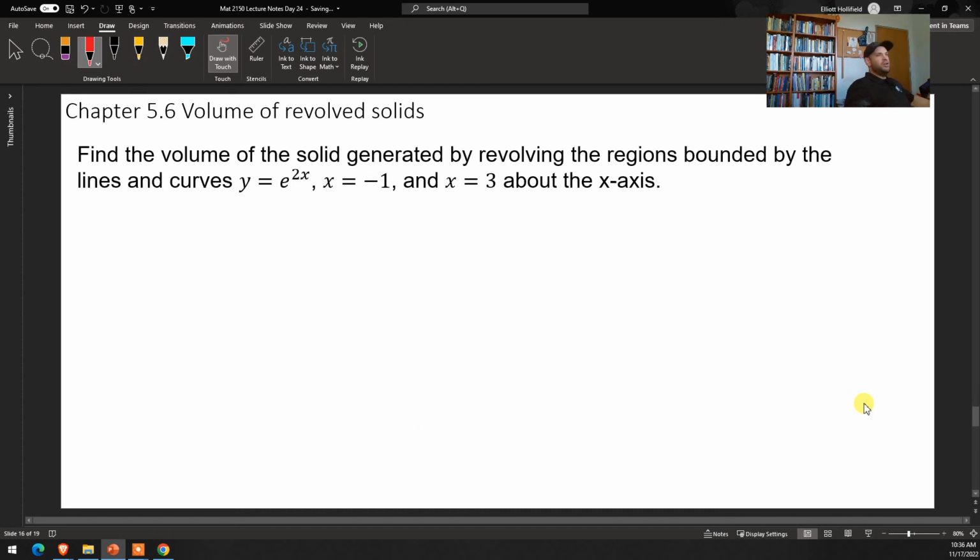Let's try another example where we have the exponential function y is equal to e to the 2x. We revolve this function about the x-axis from -1 to 3.